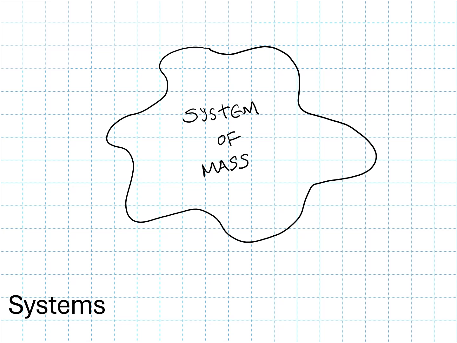All of the mass within this shape that I've drawn is my system of mass, and mass that is not in my system is known as the surroundings. And the surroundings are separated from my system of mass by this boundary.